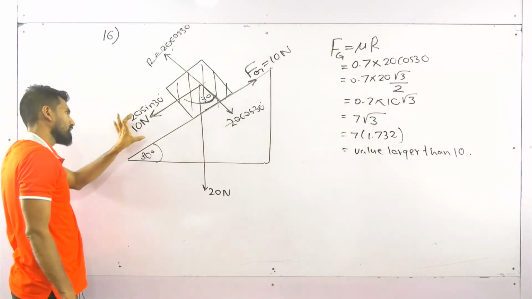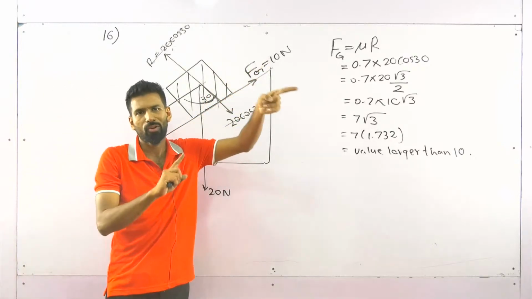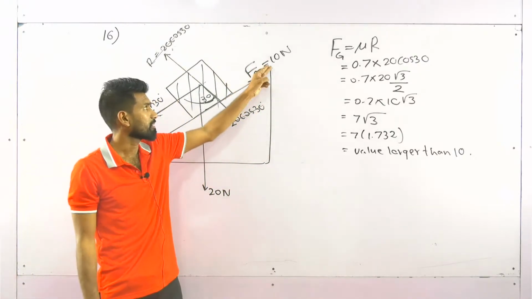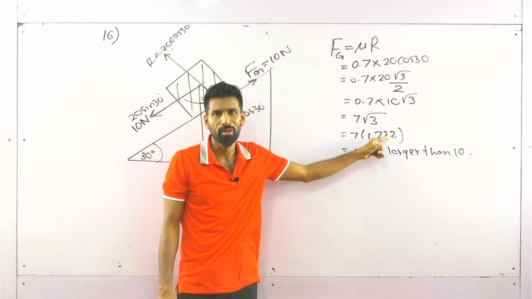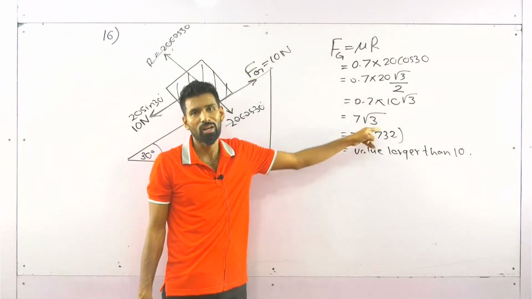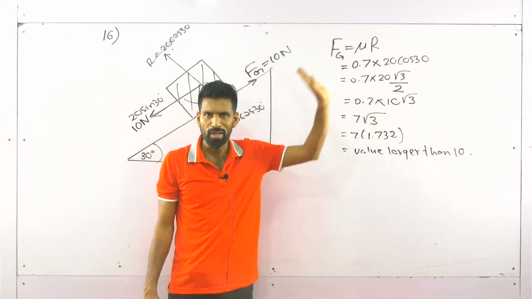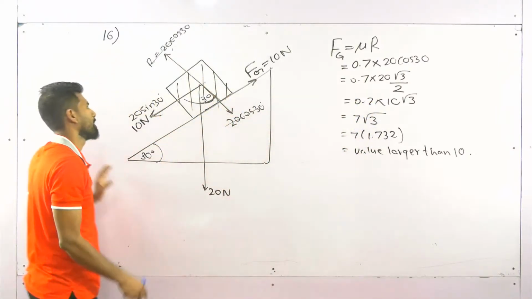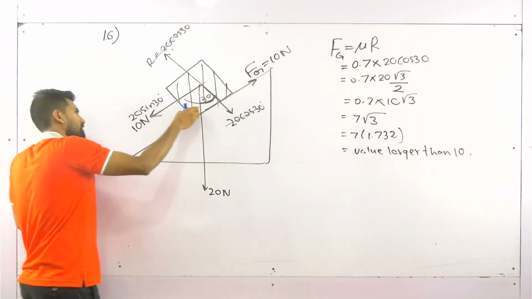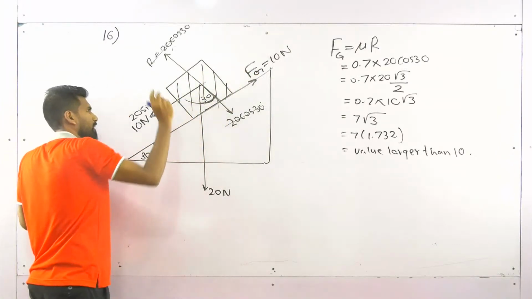Applied force downward is 10, so friction will also become 10, equal and opposite, and the object will not move. If the applied force is larger than the limit, friction can't fight, friction will fail and we will get motion. We are not in that situation, we are at the beginning. This is the 10 Newton force pulling it downward. Friction will always be 10 and the object will be kept at rest.